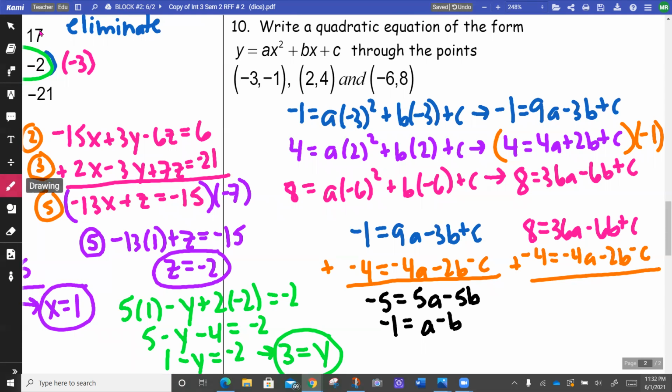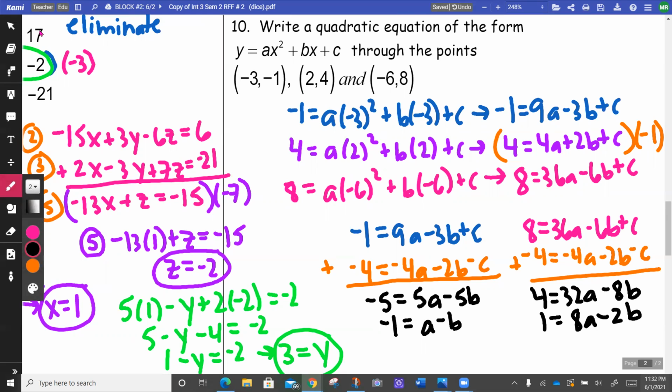And when I add that, I get 4 is equal to 32a minus 8b. I can divide everything by 4. So I get 1 is equal to 8a minus 2b.